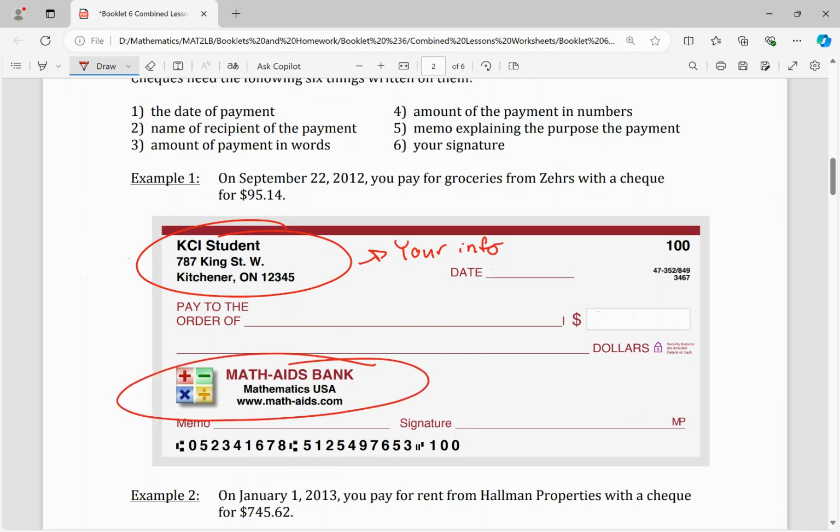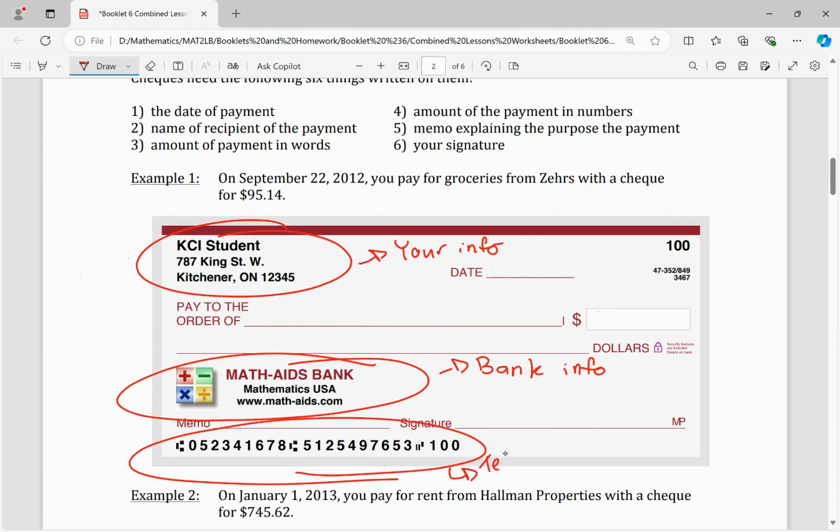Now this down here where it says Math Aids Bank, that is going to be your bank info, namely your bank's address. Now, you will have a bunch of random numbers at the bottom. They're not random, but they're associated with your account. All right.